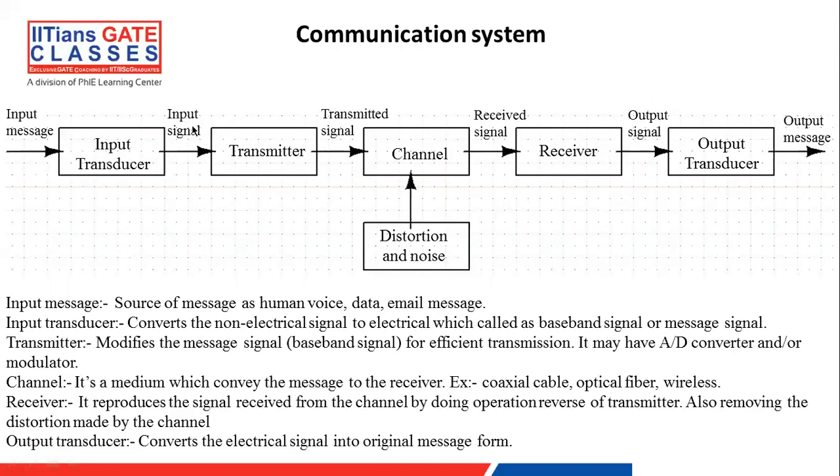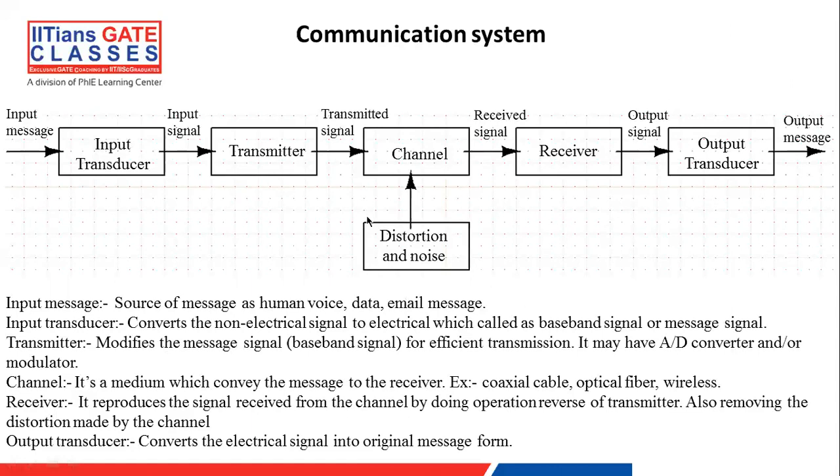Then we do the opposite operation of what the transducer was doing. The input transducer was converting the non-electrical signal to an electrical signal; here we convert the electrical signal to a non-electrical signal. So if this was audio, this has to be an audio signal. So this is the complete communication system.